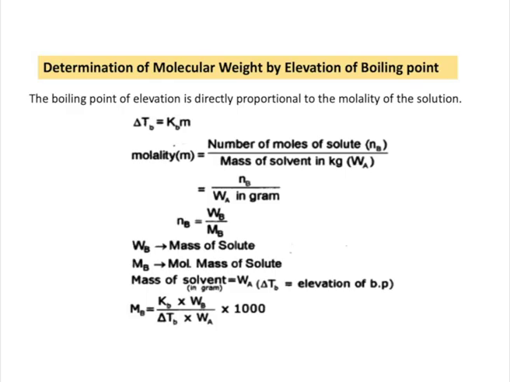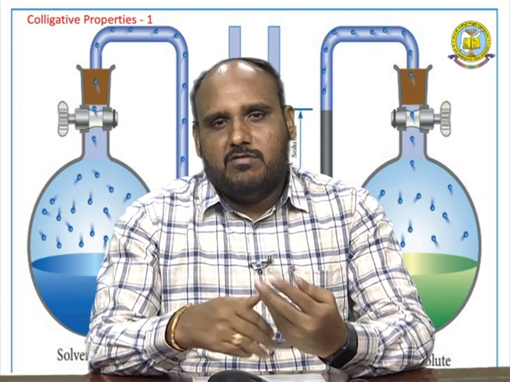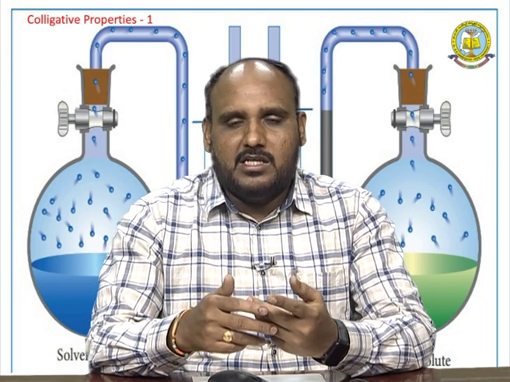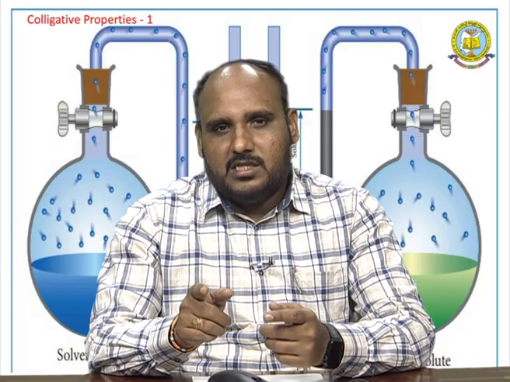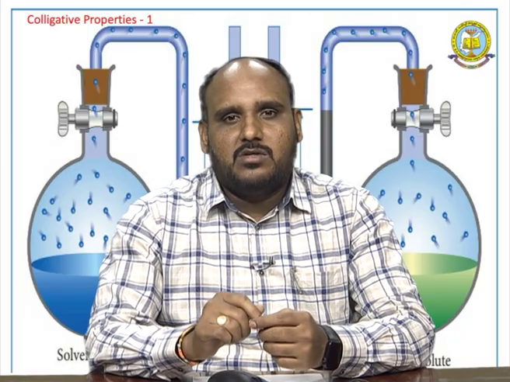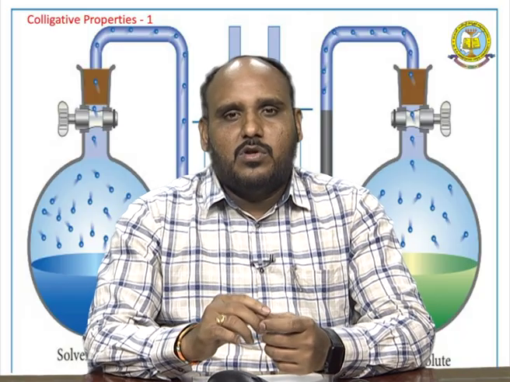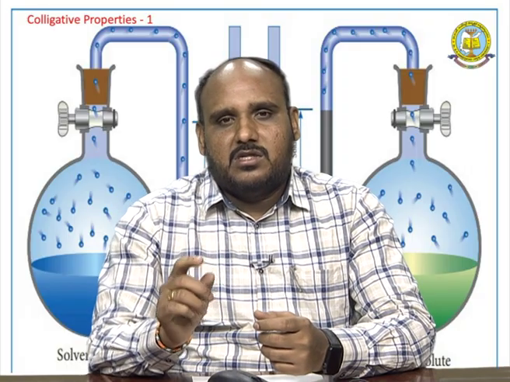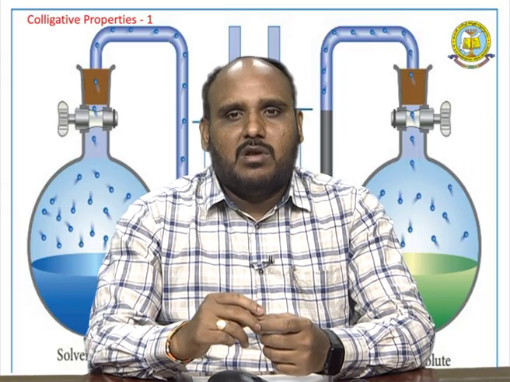So, take 1 kg of solvent, then add a little amount of non-volatile solute which forms a solution. That solution boiling point will increase compared to the pure solvent. How much the boiling point is elevated is directly proportional to the number of moles of solute particles. That concentration is expressed in terms of molality.